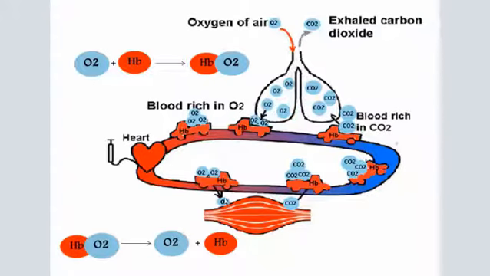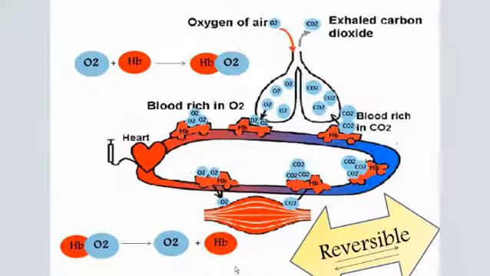This latter diffuses to the cells that need it to function properly. As you see, the reaction between oxygen and hemoglobin takes place in 2 opposite ways without any change in the identity of each molecule. For this reason, we say that this reaction is reversible.